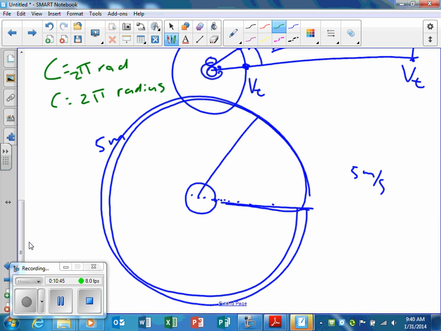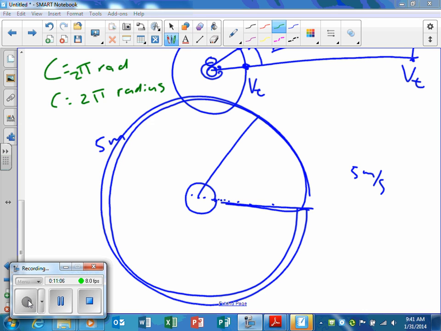How does radius have to do with distance or displacement as far as your circular path? Anyone know? Let me ask you in another way. If you have a radius of 2 meters, could you tell me how far you're going to be displaced if you go around one complete circle?